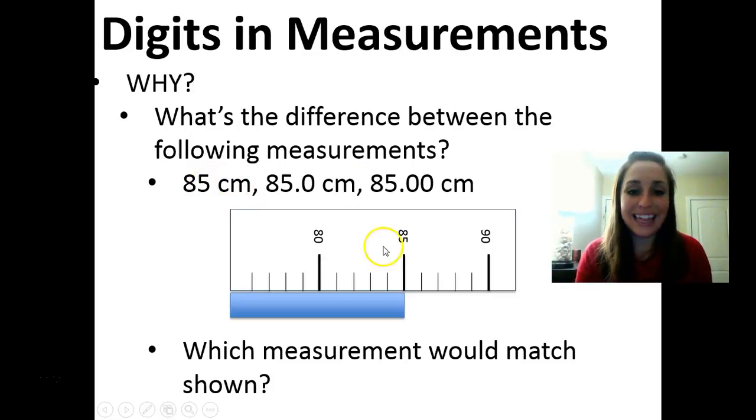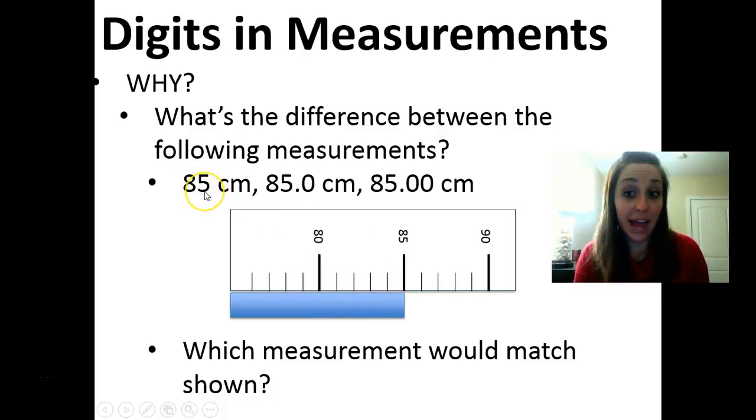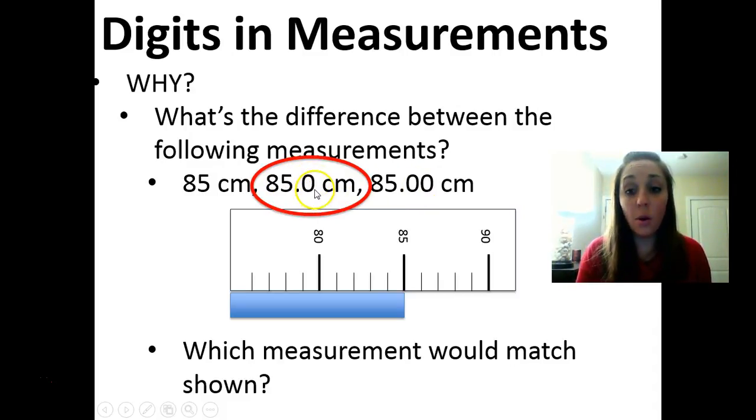So if I was using this ruler and it changes by the ones, I can't have my number end with my ones. I also can't have two spots after my ones because you only get to estimate one digit. So this 85.0 is the only measurement of these three that could ever come from this ruler.